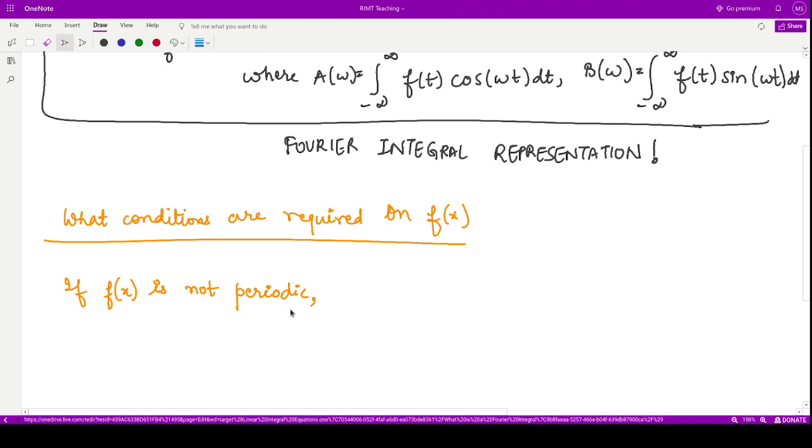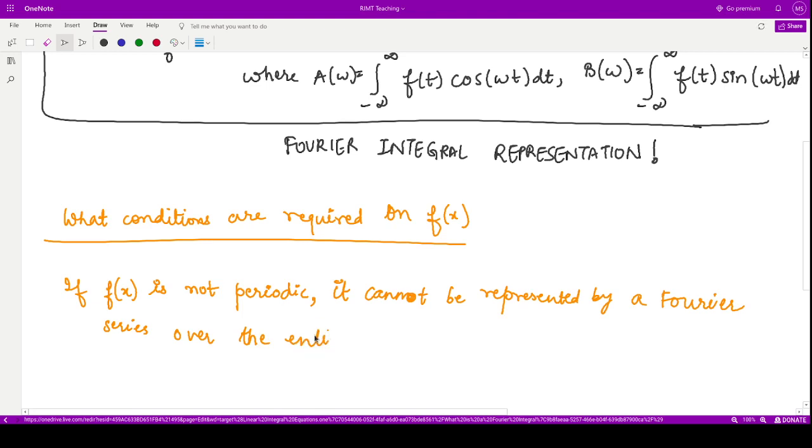This you already know. If a function is not periodic, then it cannot be represented by a Fourier series over the entire interval. By entire interval, I mean the whole of the real line.